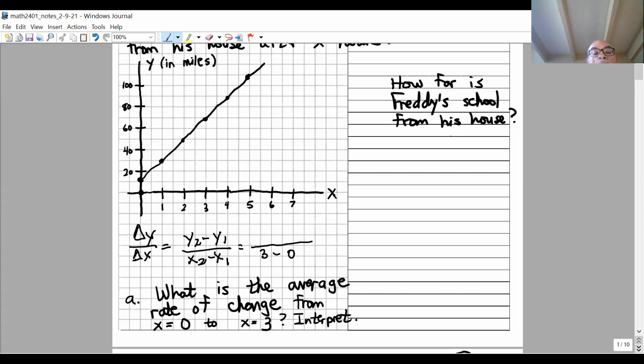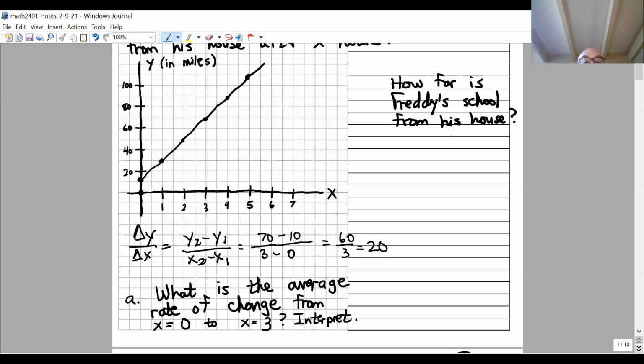And then y2, we can read that off of the graph. When x is 3, the y is 70. So y2 would be 70. And when x is 0, the y is 10. So you would have 70 minus 10 over 3 minus 0. So that's easy. That's 60 over 3, which is 20. So you get that the average rate of change here is 20.